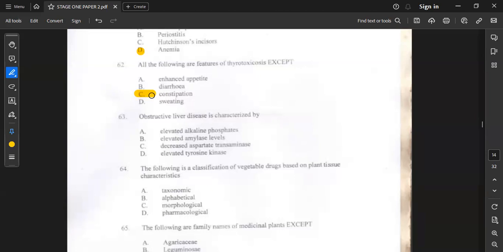T3 may be elevated; it may or may not. What do you think about the treatment? Is surgery the priority, or do you start with drugs first line?